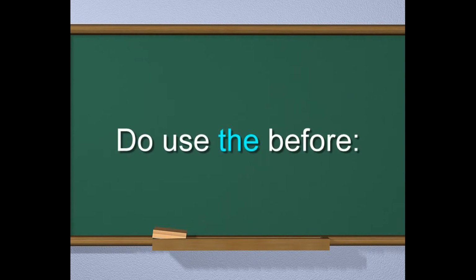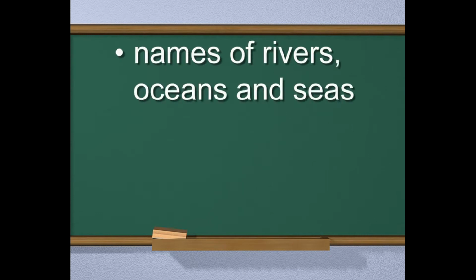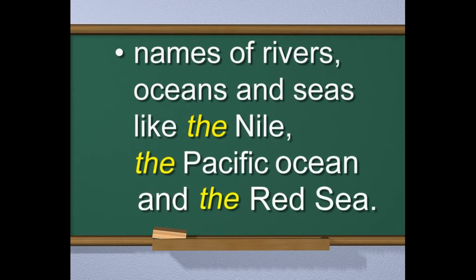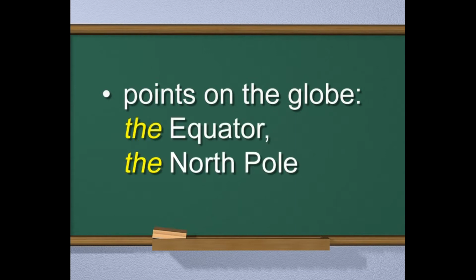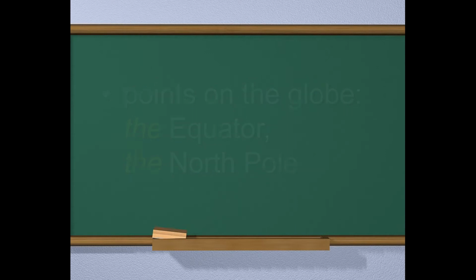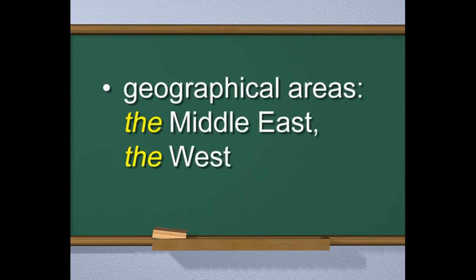Do use the before names of rivers, oceans, and seas like the Nile, the Pacific Ocean, and the Red Sea. Points on the globe, the equator, the North Pole. Geographical areas, the Middle East, the West.